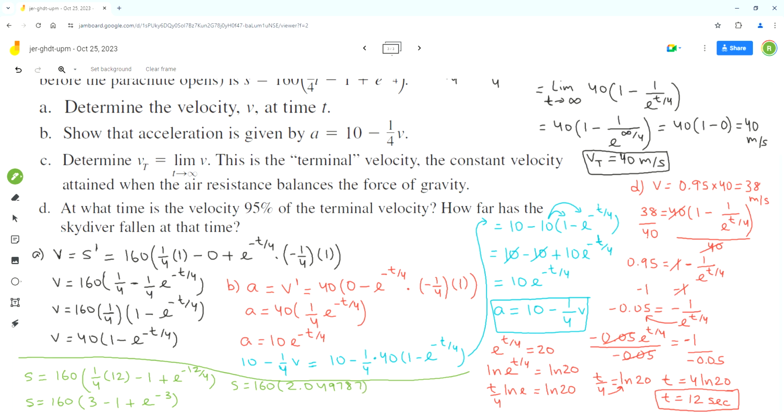And now we can do the multiplication. So times 160, and I got almost 328. And the unit is meters. So that's how far the skydiver has fallen in those 12 seconds.